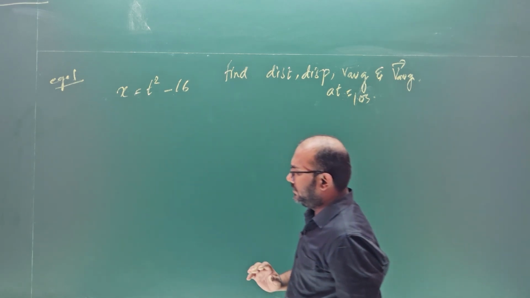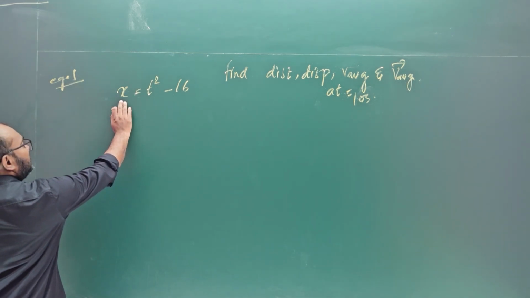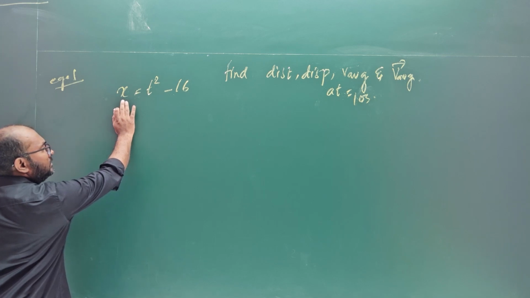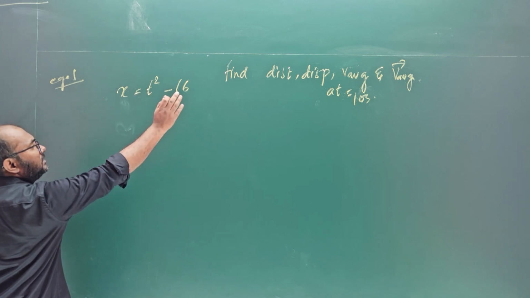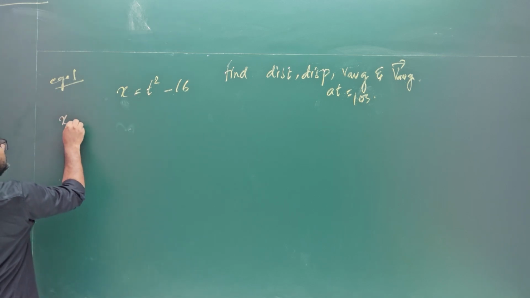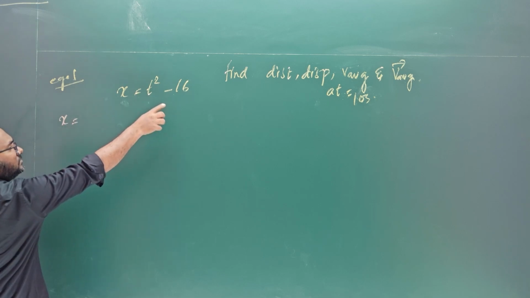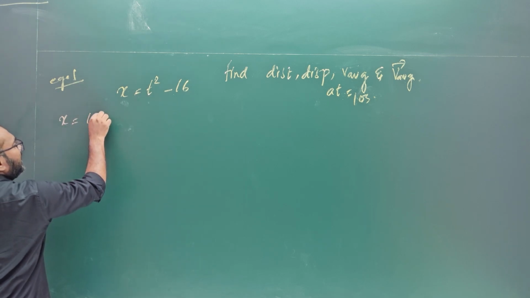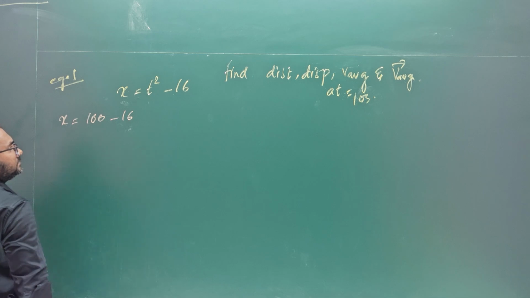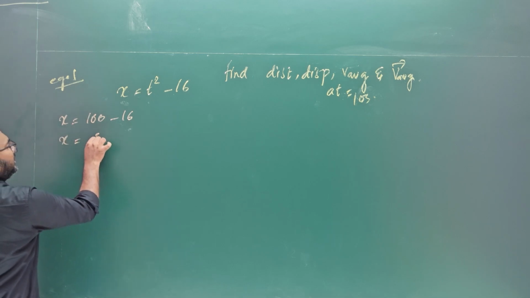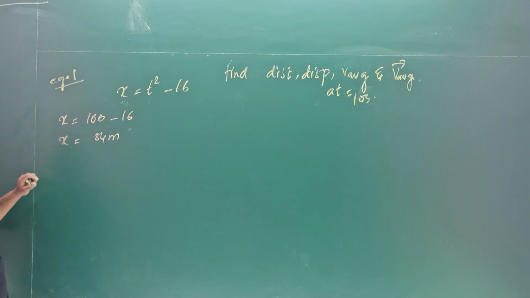Generally, when they ask to find the displacement, I substitute in x equals t square, with t given as 10 seconds, so 10 square is 100, minus 16. So x is nothing but 84 meters. Now, what is this, distance or displacement? Maybe distance, maybe displacement.